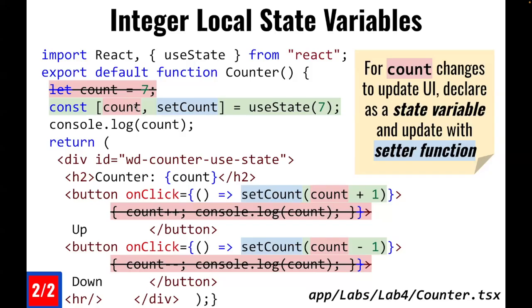And the whole component re-renders, where count now would be some new value, but it's still a constant, meaning you could not do count plus plus, or count minus minus, because it's declared as a constant. It re-renders. Now you see the changes. Now, if you click on plus, the value changes 8, 9, 10, 11, and it re-renders the component. Yep, recalculates.